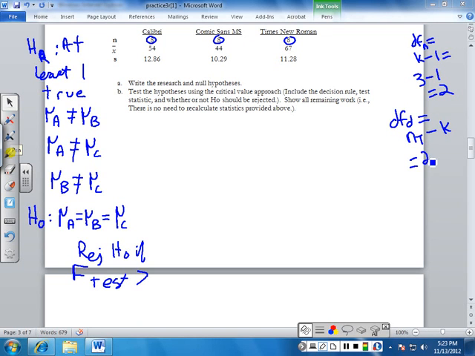So 24 minus 3 is equal to 21. So just find the F table. For 2 and 21 degrees of freedom, it's 3.5. So we're going to reject H0 if F test is greater than 3.5.